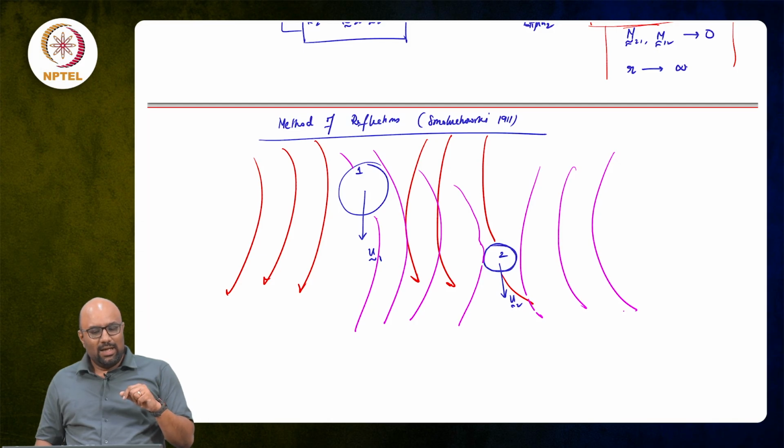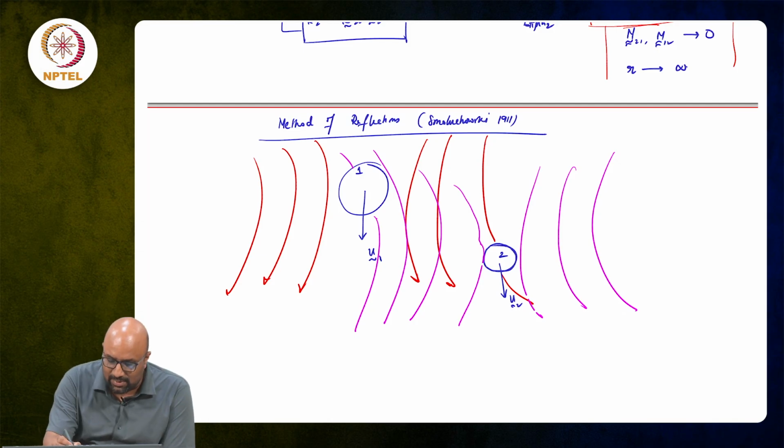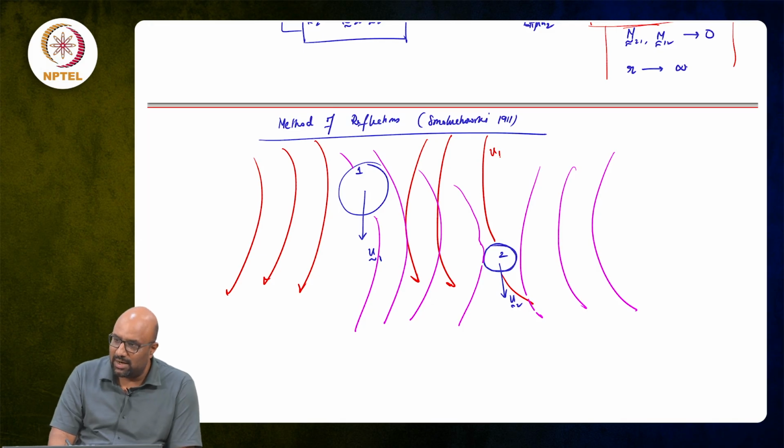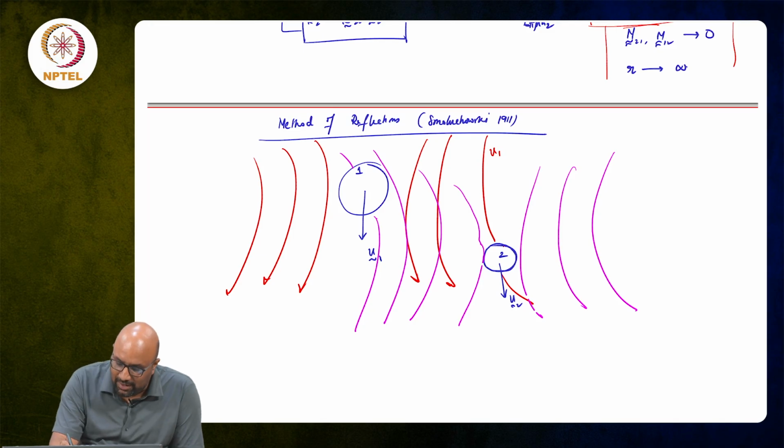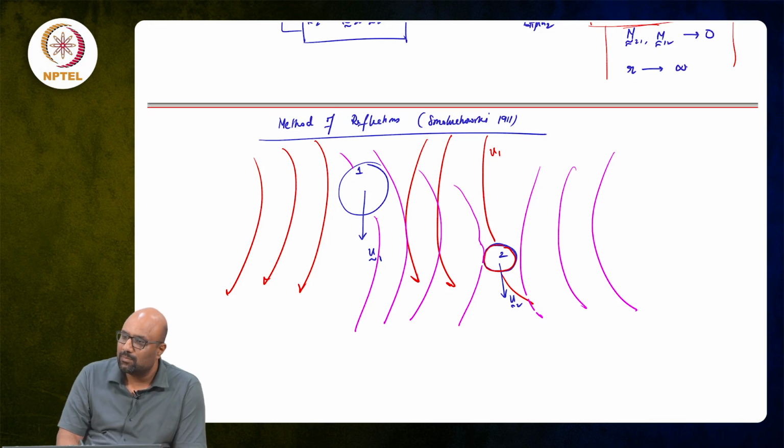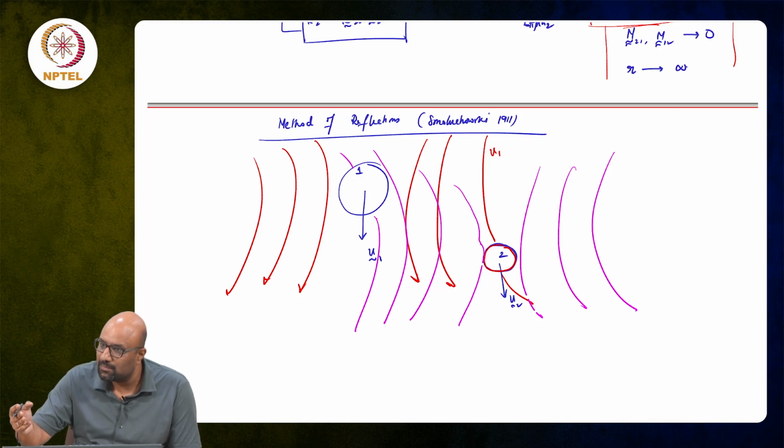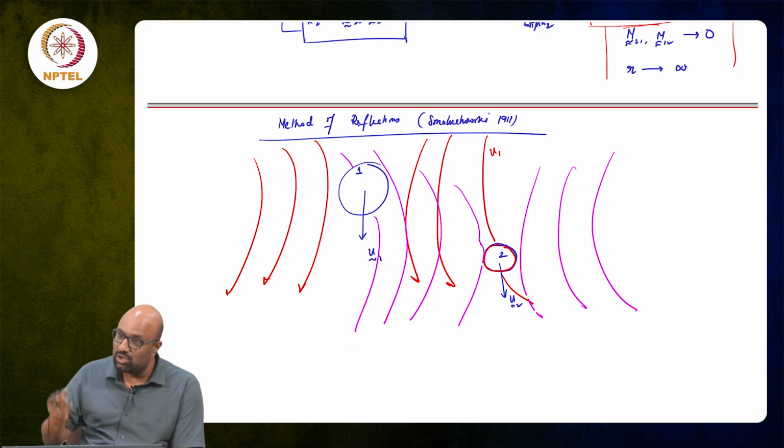But then, this is a disturbance field that is created by sphere 1, right? This is the velocity field that is created by sphere 1. That velocity field is influenced by sphere 2, because sphere 2 has done two things. By being in the velocity field of sphere 1, it has started to move, and it is also changing the stress.